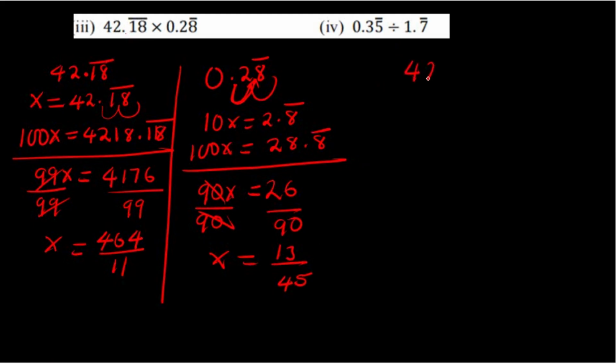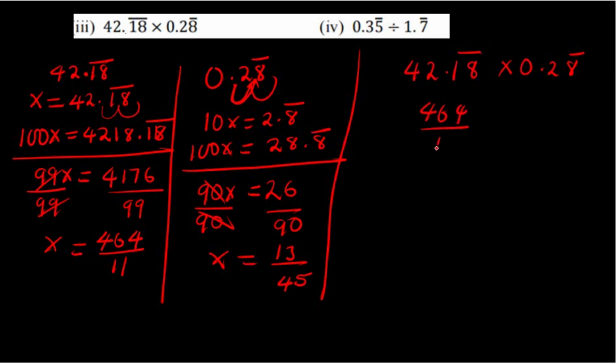Now remember that we have 42.18, this is what you have been given, right? 42.18 times 0.28. So what is here? It is 464 over 11, then times 13 over 45. So what you do is 11 times 45 is 495.